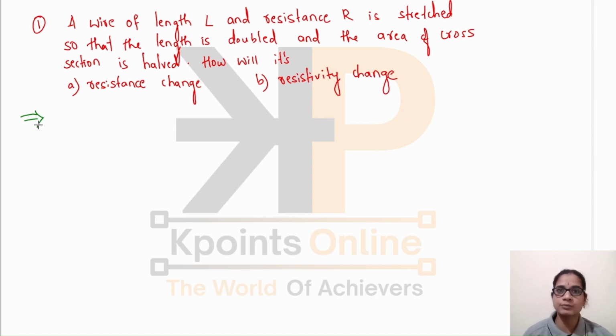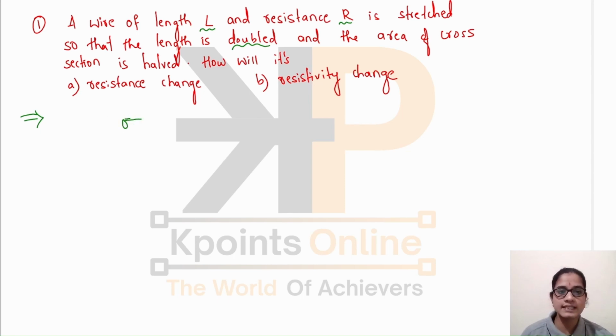So understand the question properly here. The initial length of the wire is L and its resistance is R. Now it is stretched so that the length is doubled, means it is 2 times that of the initial length, and the area of cross section is halved, means it becomes half of the initial value. Now we have to find out how will its resistance change and its resistivity change.